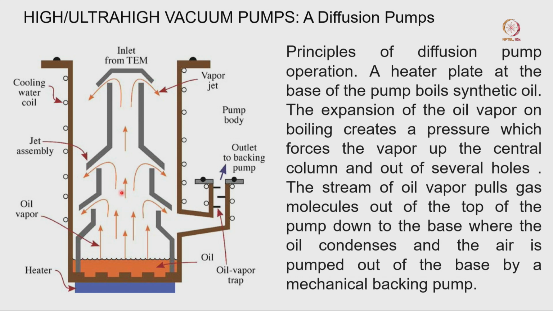Now, other oil vapor will go and create the same kind of pressure in this valve, and the vapor oil will come out through this. When this vapor oil comes out, there is a cold chamber outside, because cold water is passing through this chamber, and when this oil vapor comes closer to this chamber, it will condense. When it condenses, it will deposit in this chamber again.